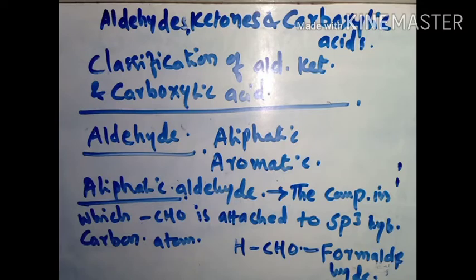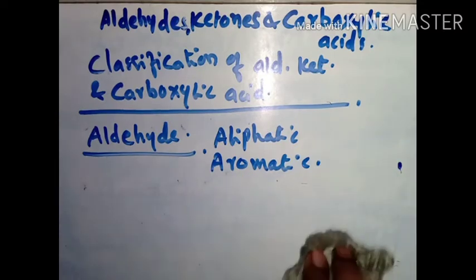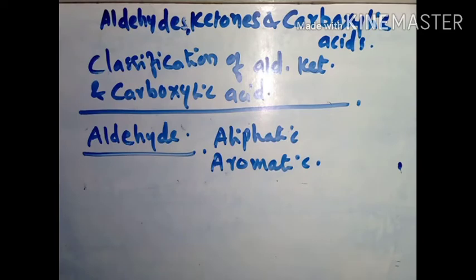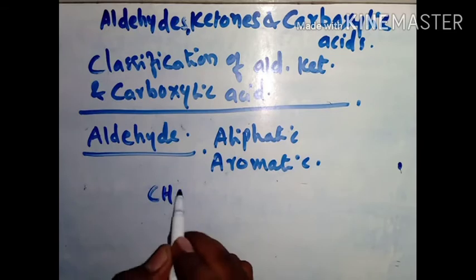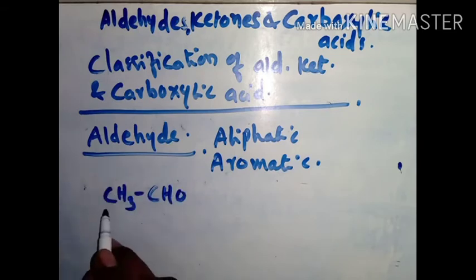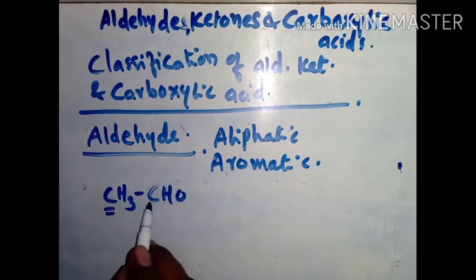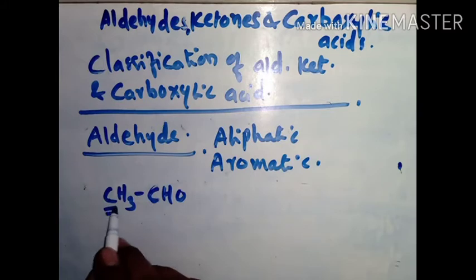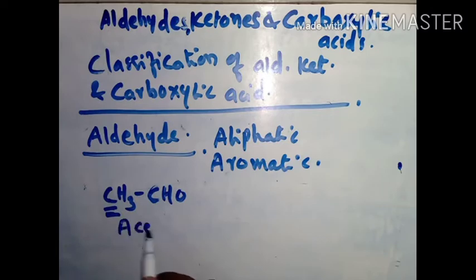Now we can take the general example for the aliphatic aldehyde in which CHO group is attached to sp3 hybridized carbon atom. For example, CH3. In this, CH3 is attached to this carbon atom which is the carbonyl carbon, which is sp3 hybrid. The name of this compound, that is CH3CHO, is acetaldehyde.